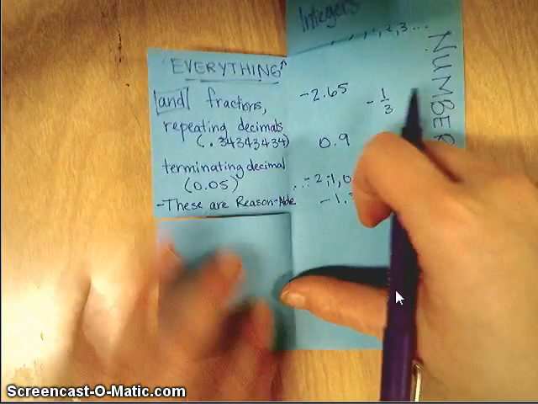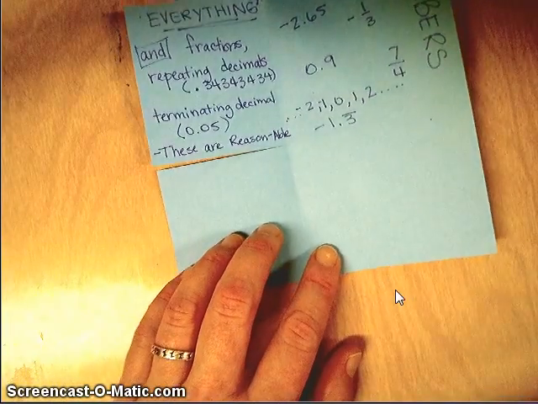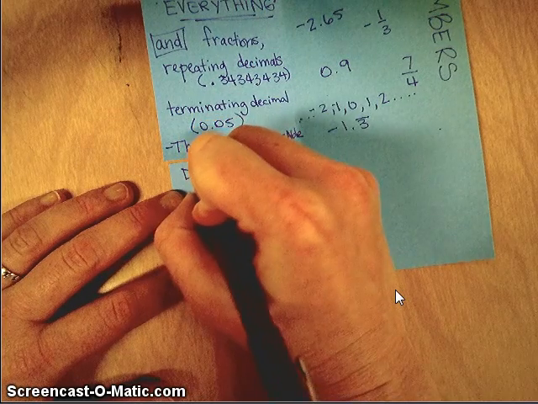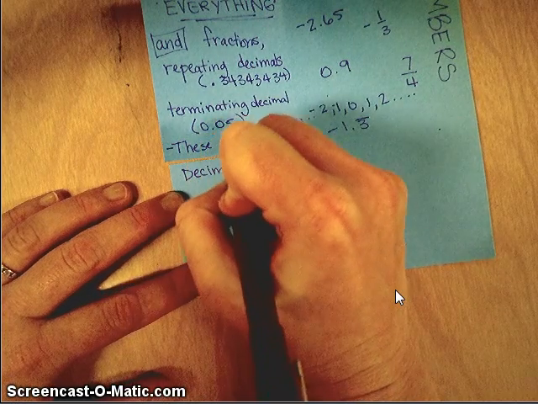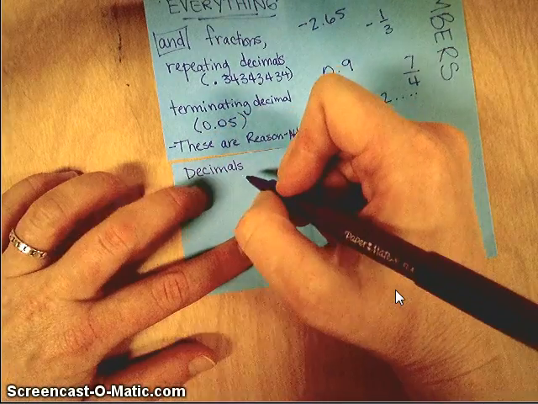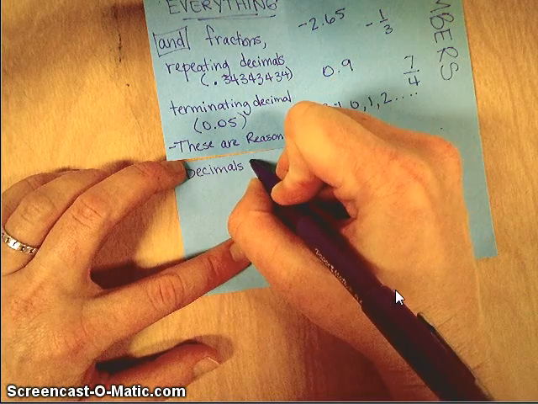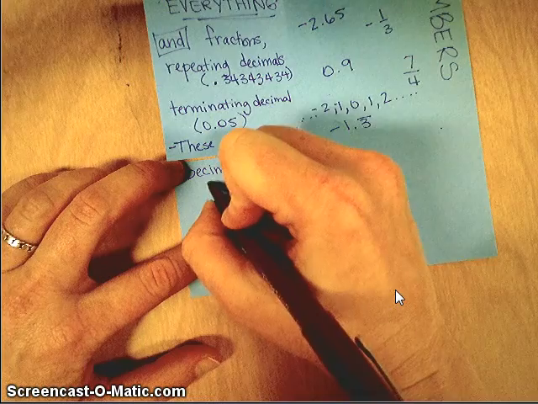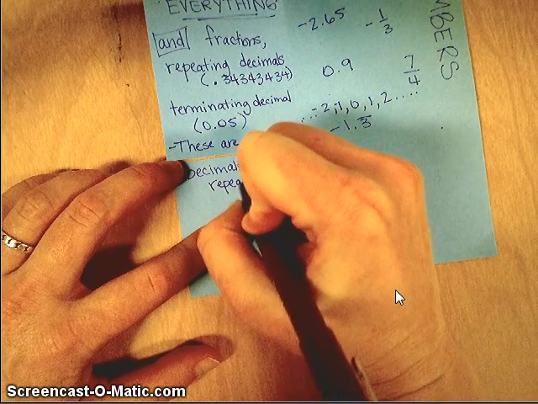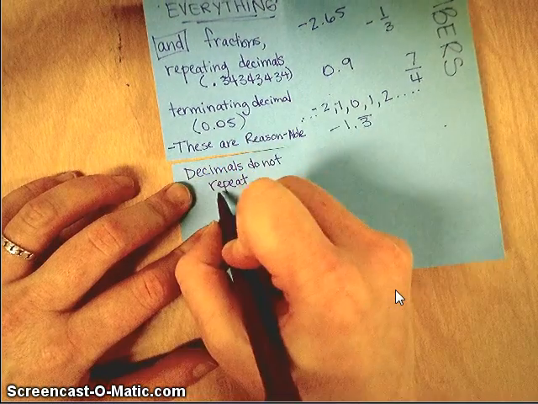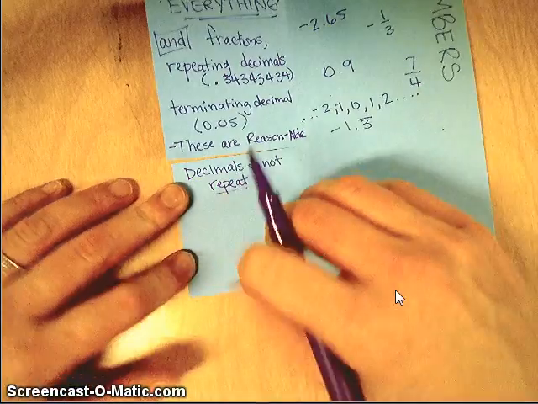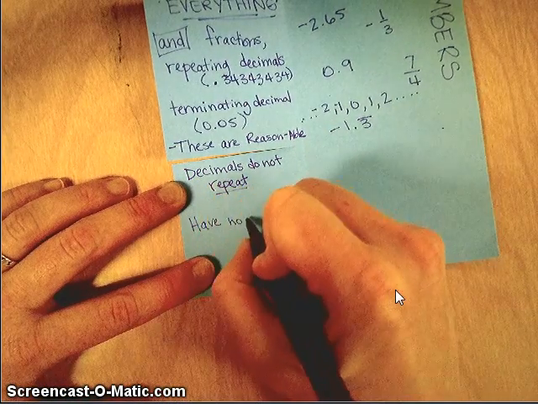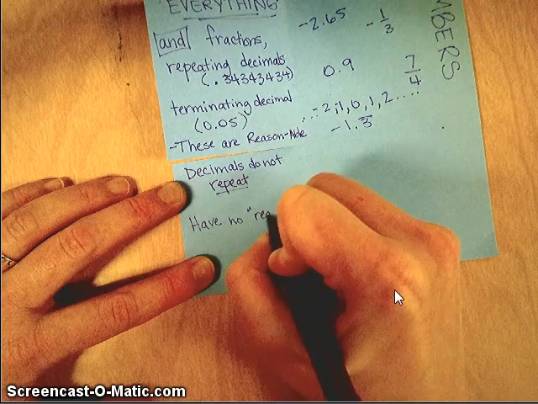Next, we have the irrational numbers. These are where the decimals go on and on and on forever, that do not repeat. The big difference right there is that they do not repeat. So they have no reasoning.